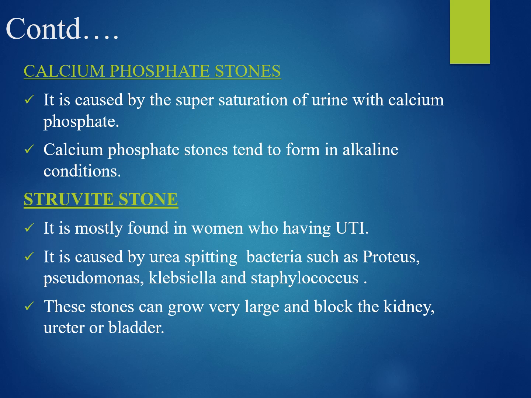It is caused by urea splitting bacteria, that is microorganisms such as Proteus, Pseudomonas, Klebsiella, and Staphylococcus. Pathogens means disease causing microorganisms. These are the major causes of struvite stones.